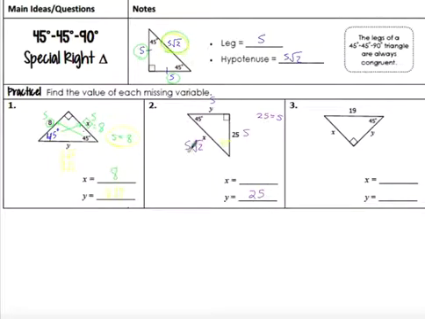And X, we know that X is the same thing as S root 2. Well, do we know what S is? Yes, 25 is S. So X has to be 25 times the square root of 2. So 25 square root 2. So again, notice what we're doing.